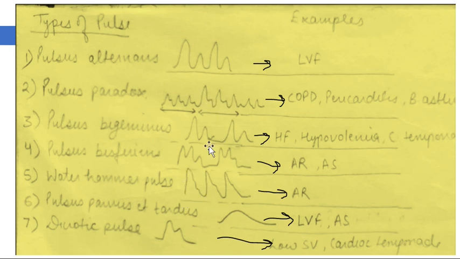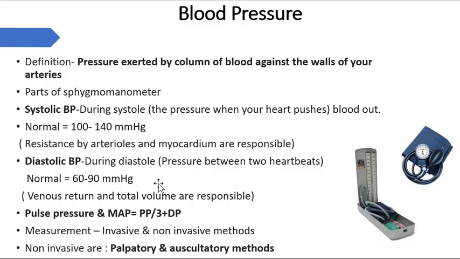Normal pulse is not like this. Pulsus parvus et tardus means the amplitude is less and the speed is slow. Dicrotic pulse has a sound in both systole and diastole. The most important pulses among these are alternans, paradoxus and water hammer pulse, most frequently asked.